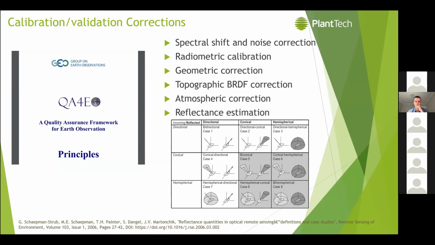But the Committee on Earth Observation Satellites recently initiated the Quality Assurance Framework for Earth Observation, which demands that all data and derived products shall have associated with them a fully traceable indicator of their quality. But in the case of airborne imaging spectroscopy, there are still no standard protocols. Based on a European airborne facility, we have adopted some of the protocols and implemented them in our research program.